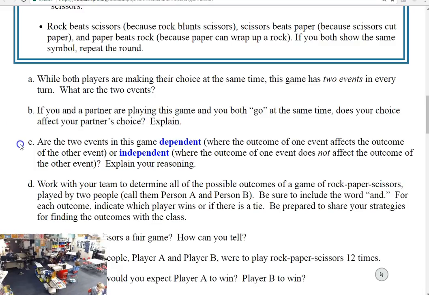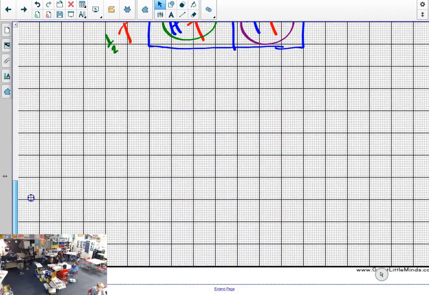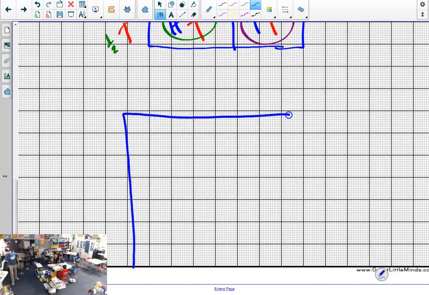All right, now, real quick, I want to make sure we get this done while we still have class time. We are going to make a probability table for rock, paper, scissors. If you assume that your choice is random, what is the probability of each choice? A third, right?